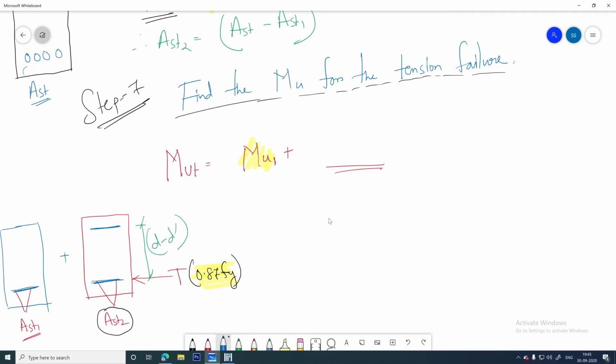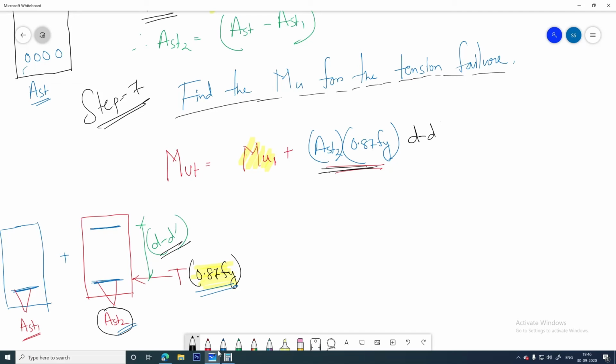So you can simply write here AST2, that means this one, then multiply with the stress, that is 0.87 into Fy, then the total thing you got, this is actually the force. Now the force we multiply with the lever arm, that is this one, D minus D dash.